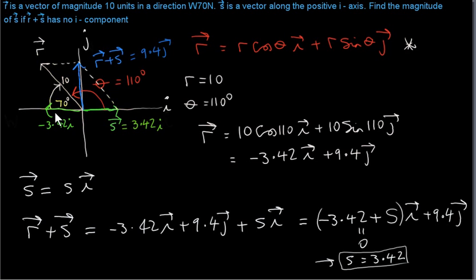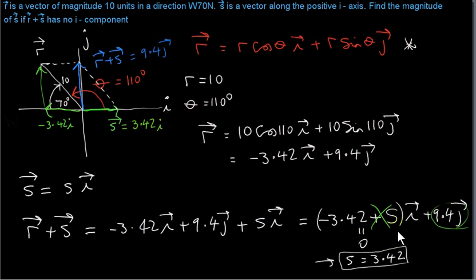So if the i component of r is minus 3.42i, then s has to be plus 3.42i, so that these effectively cancel out. We're just left with the j component of r, which is 9.4j. So vector r plus s is 9.4j, because this part is 0.